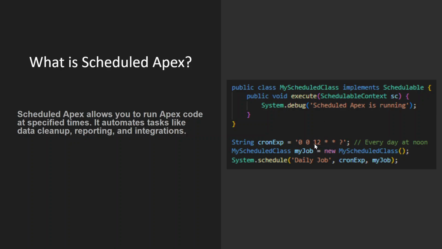As you can see here, we have passed 0012, so it will schedule our Apex class every day at noon, and we can pass the instance of this schedulable class as we have passed here. So this is how we schedule Apex class. So let's move to the next question.